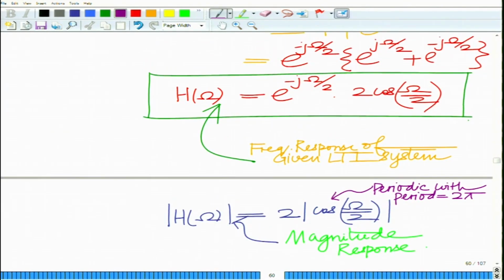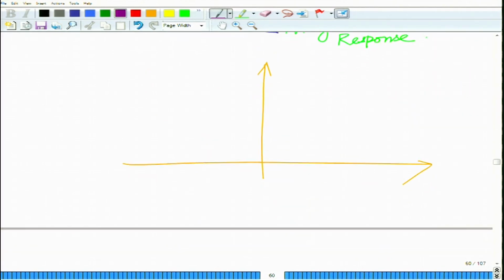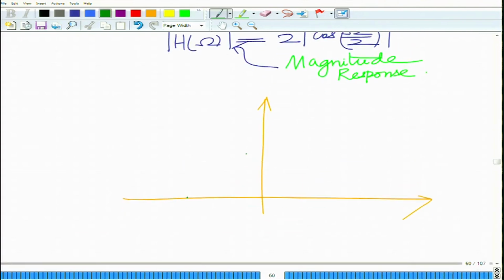Okay. And now, if you look at this quantity here, I can draw this as follows. So, this is 2 magnitude cosine omega by 2.